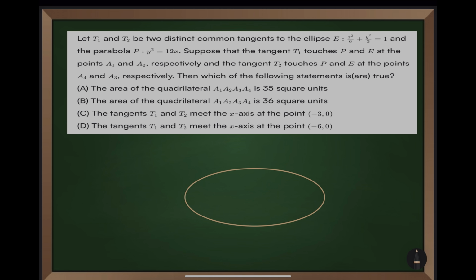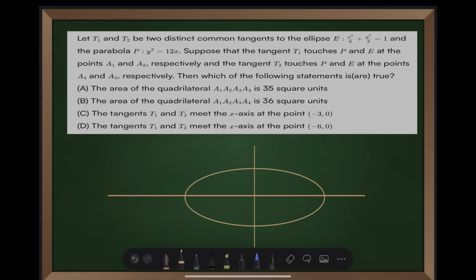Suppose we got this ellipse. You know, an ellipse is symmetric. Now the parabola. So look at this parabola.